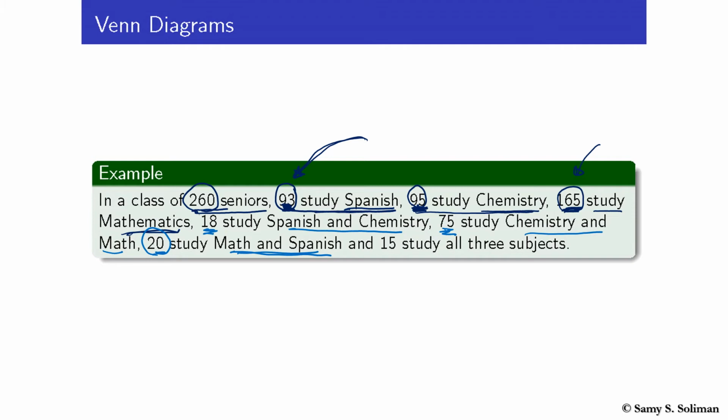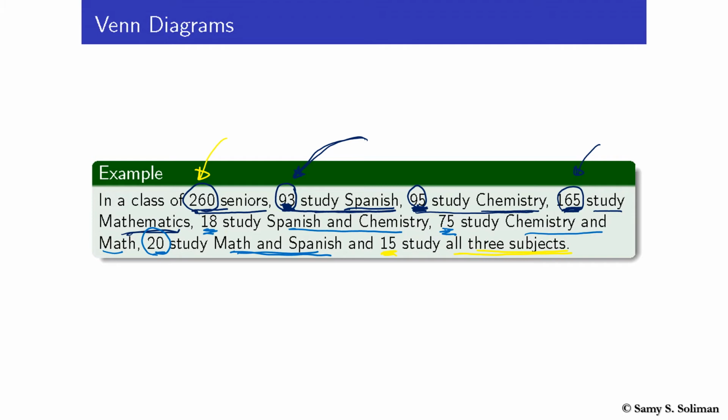Now with the last part of the example, we have 15 students who are studying the three subjects, which means that out of the overall 260 students, we have 15 students that are studying all three subjects: Spanish, chemistry, and math.